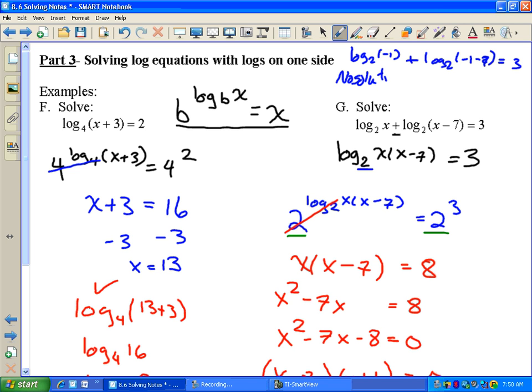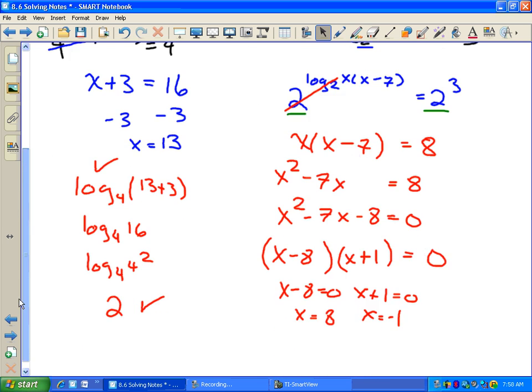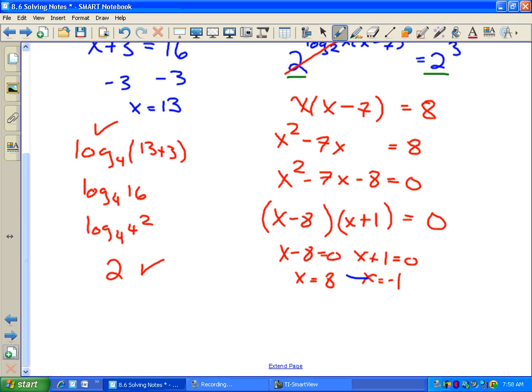Remember, x has to be greater than 0 for these problems, because in that particular one, x has to be greater than 0. Here, x has to be greater than 7. So again, this would give me no solution. This would give me no solution. So this doesn't work. So the answer, this is not a good answer. Negative 1 is an extraneous answer. So the only answer that works is x equals 8.